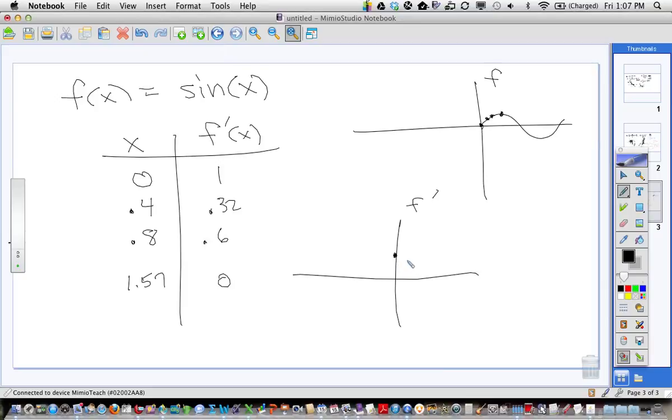That should be like 0.6. This would be like 0.32, yeah. So 0.6 and 0.32, and then we got 0, and then the slopes went negative. And so we plotted that. We looked at it. It was like, oh, wow. It's cosine. And that was the very first derivative rule we learned, right? Derivative of sine was cosine.